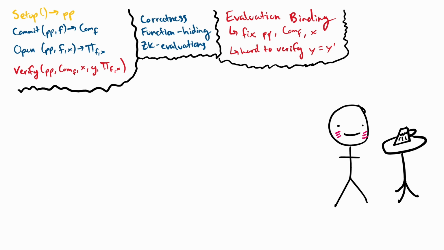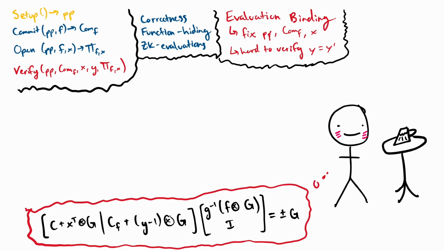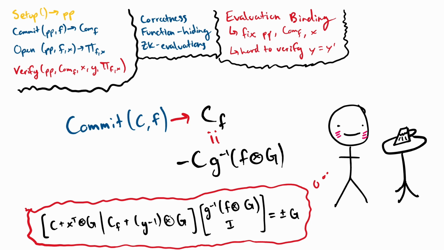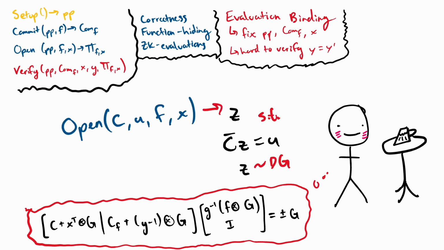Okay, so what was I thinking about? Right, this was the verification equation. Let's say setup generates the random matrix C and vector U. We'll say the commitment produced is C_f, which is like the function being applied to C. Let's make the opening the solution Z to the pre-image sampling problem.